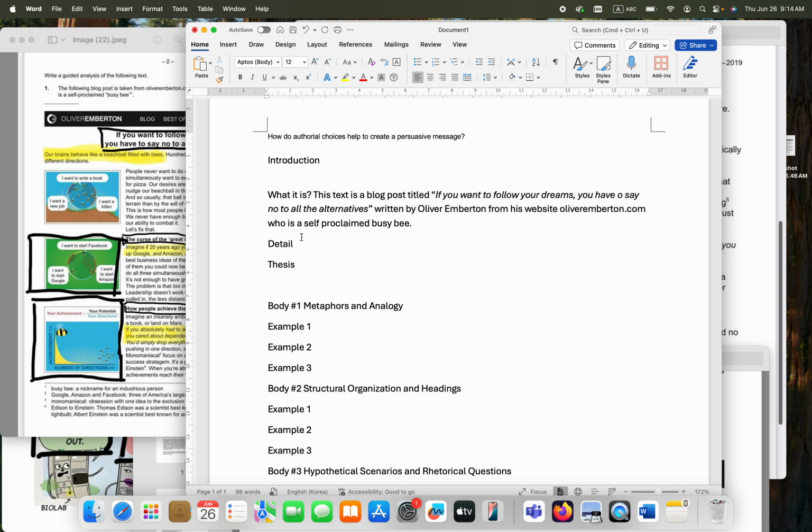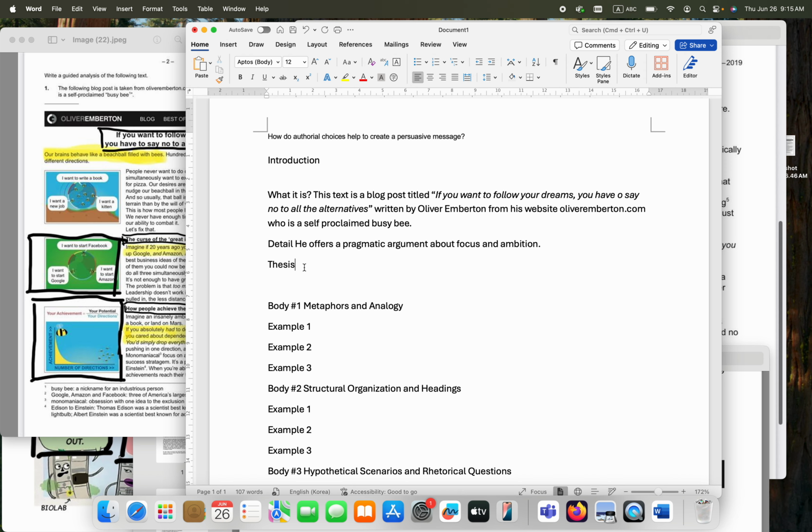And then you could get into detail a little bit. So maybe he offers a pragmatic argument about focus and ambition. And then you would write your thesis statement, which would be something like what you're going to talk about in your body paragraphs.